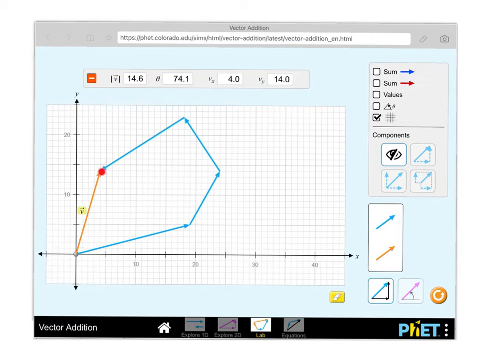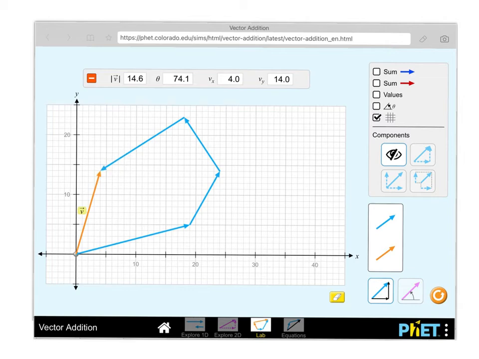This single vector, let's call it R for resultant vector, is equal to A plus B plus C plus D, right? The result of this vector R is the same as A plus B plus C plus D.